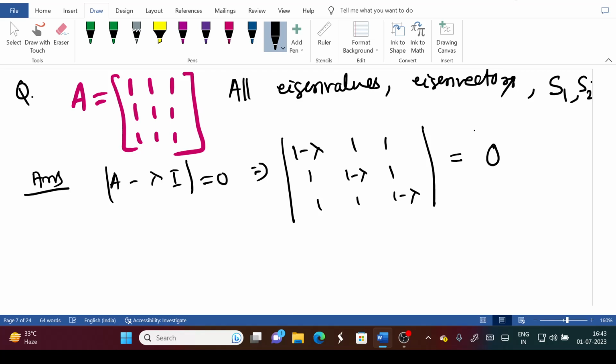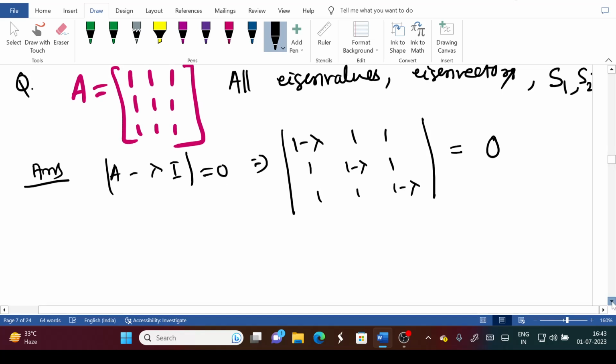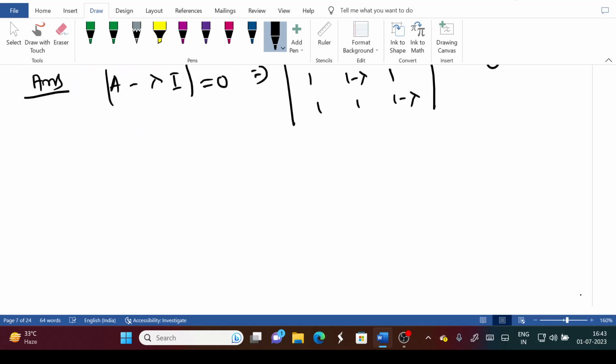But here we can see that the trace of the matrix is 3, and all 2 cross 2 minors and the 3 cross 3 matrix have determinant 0. So it has two eigenvalues as 0 and one eigenvalue as 3. So we have got some idea. Now we will simplify it to get the roots.